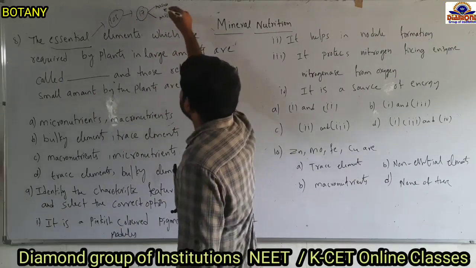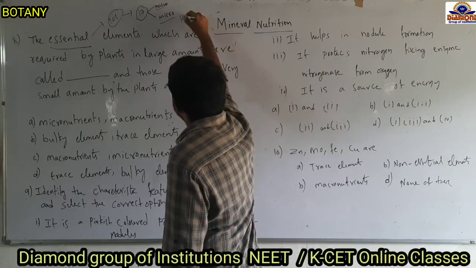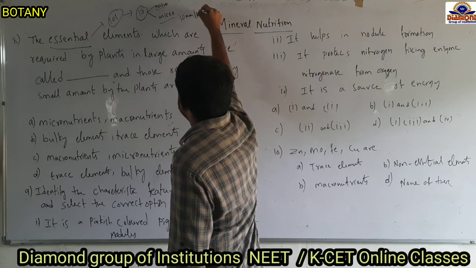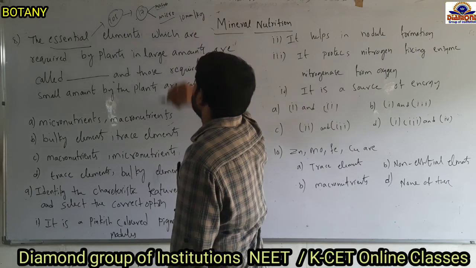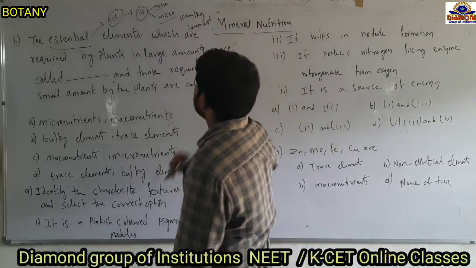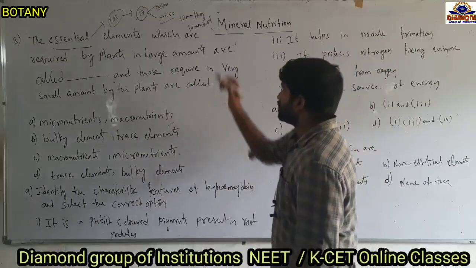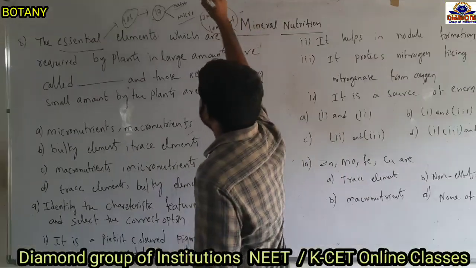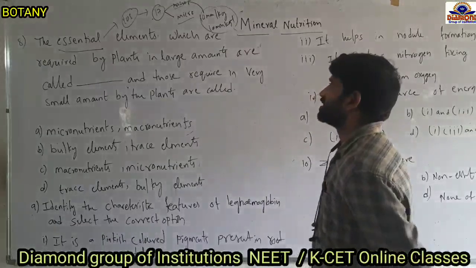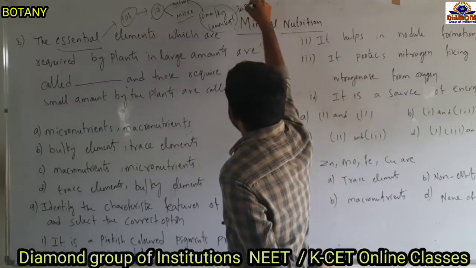Based upon the quantity utilized, the elements which are required at more than 10 millimoles per kg inverse, such elements we call macronutrients or macro elements, in dry matter.